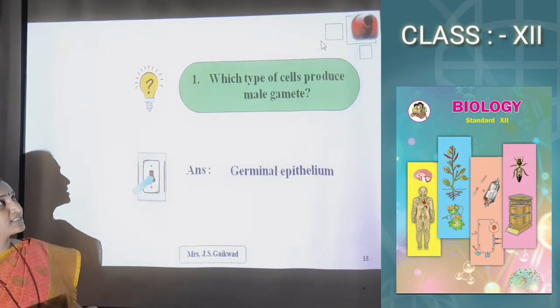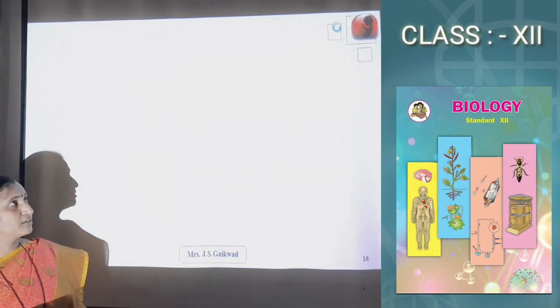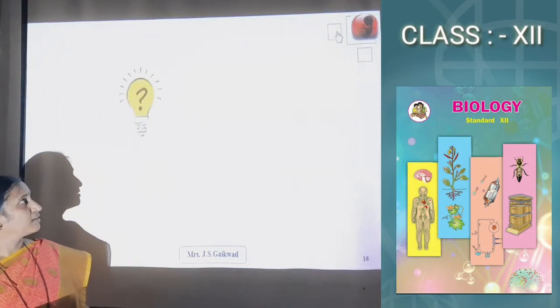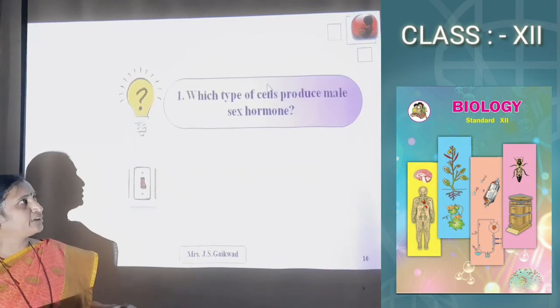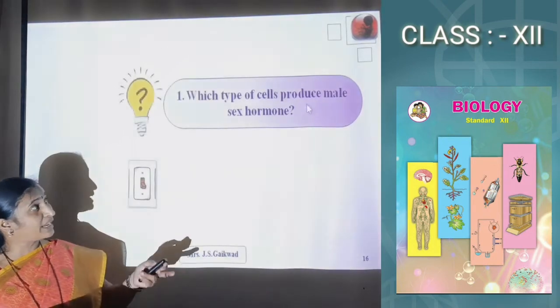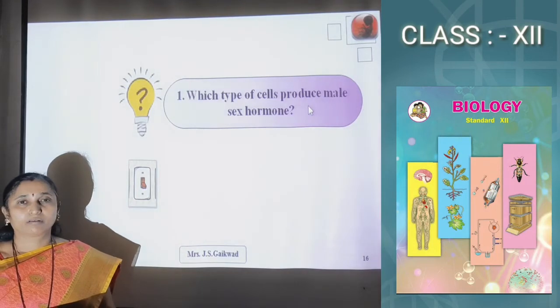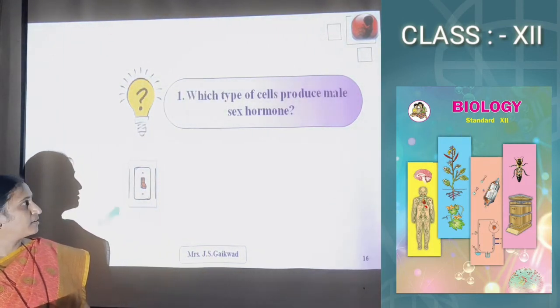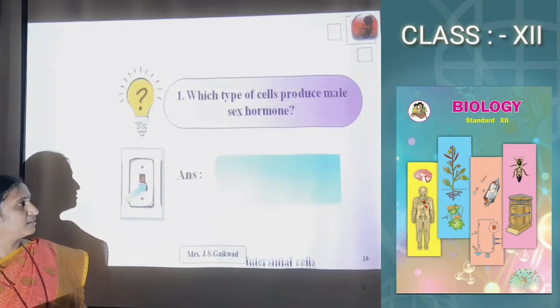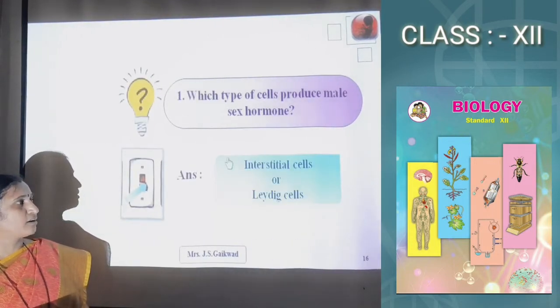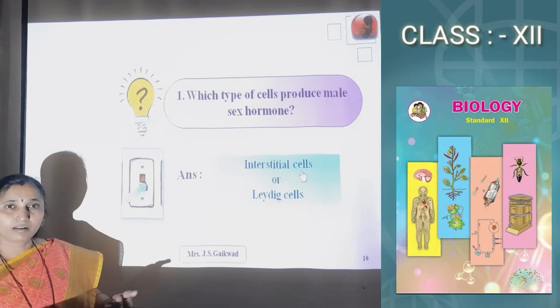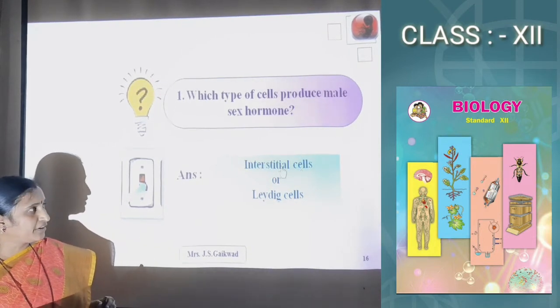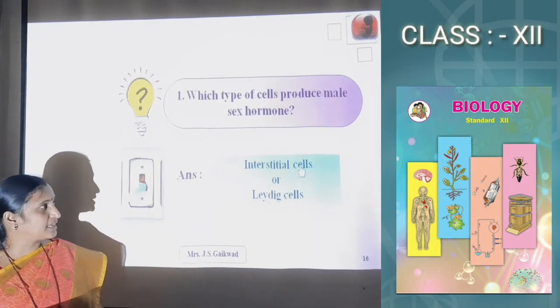Next question, which is very interesting. Which type of cells produce the male sex hormone, that is testosterone or androgen? Answer: interstitial cells or Leydig cells. Another name, remember, interstitial cells or Leydig cells.